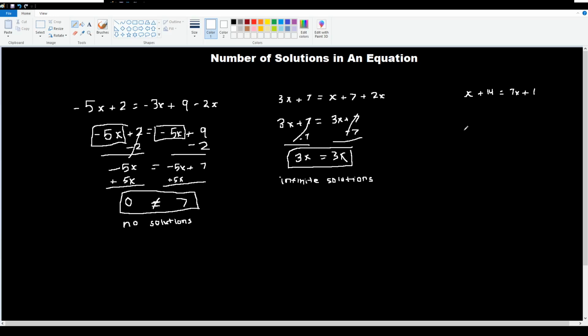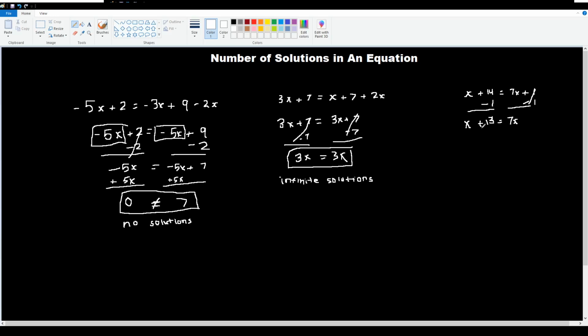Now, we have one last equation here, and I think you can already guess the pattern it's going to take. We have one example of each, but let's solve it out anyway. Let's start by subtracting 1 from both sides, and then we have x plus 13 equals 7x.